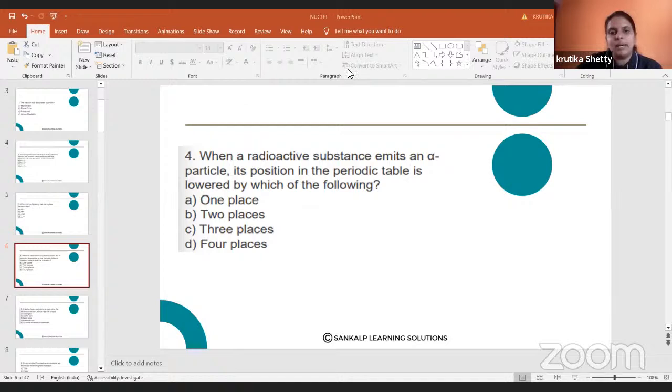That is why we call it alpha particle decay. So it will decrease by 1 place, 2 places, 3 places, or 4 places. Yes, Rakshita is right. Lohit, Nandish, yes, option B is right. As the atomic number decreases by 2, the position in the periodic table decreases by 2. Option B is correct: 2 places.